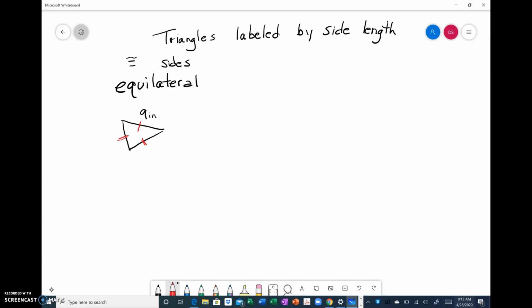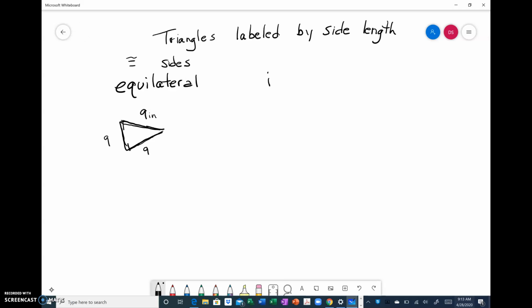So in an equilateral triangle, you would see the 3 red lines done much better in your book, but that means that they are equal, okay? And again, you can also see it because they told you 9 inches on each side, okay?